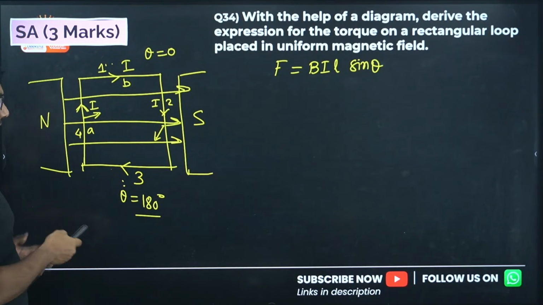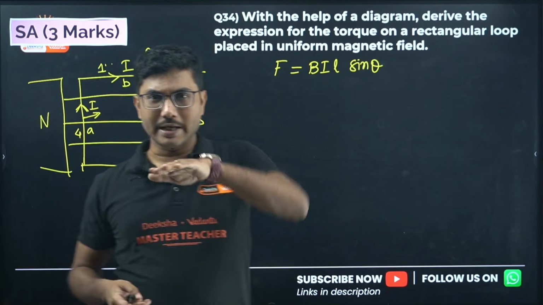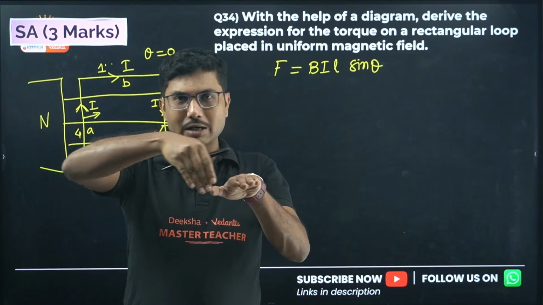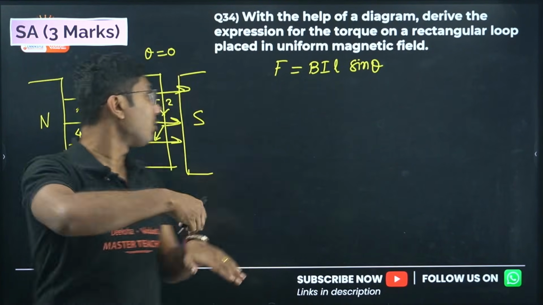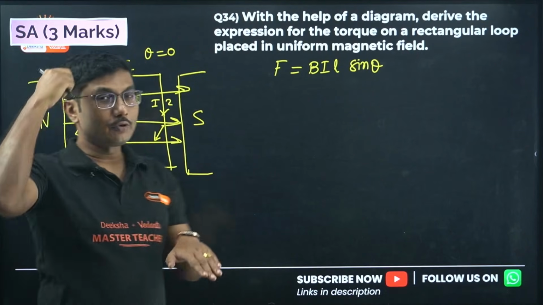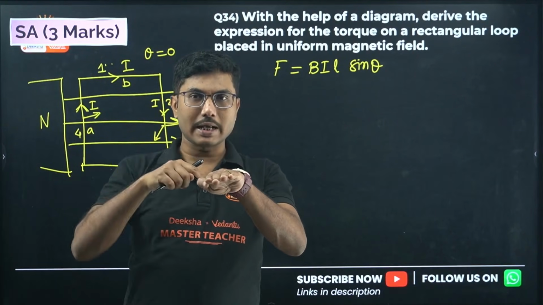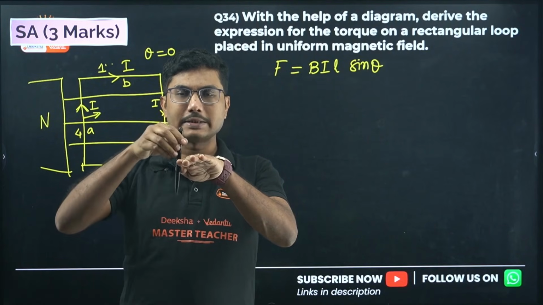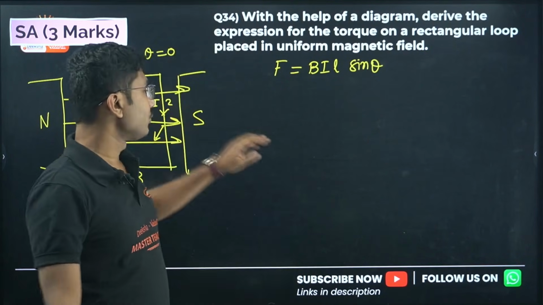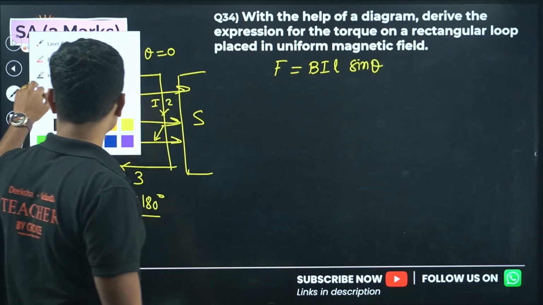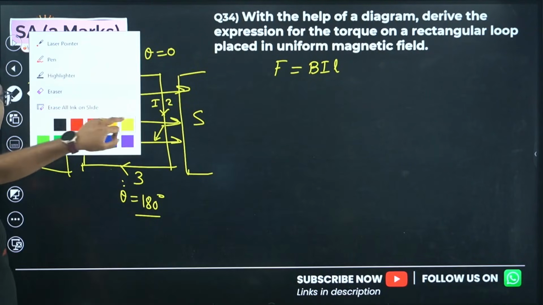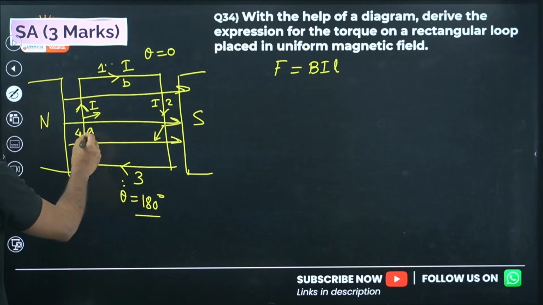Okay, so basically if you consider this rectangular loop, these two sides are parallel or anti-parallel to the field, so there will be no force on these two wires. The only force will act along this wire and this wire. In this case it will be upward and in this case it will be downward. Sine theta is 90 degrees, so the force is BIL. And what is L in this case? L is a.